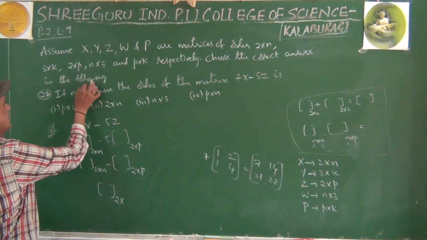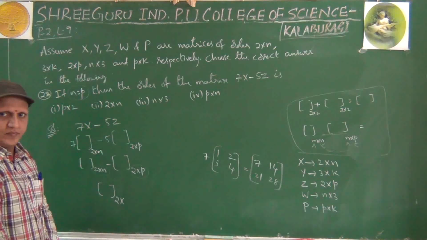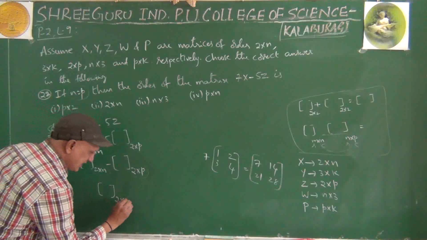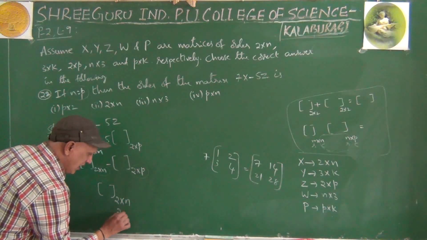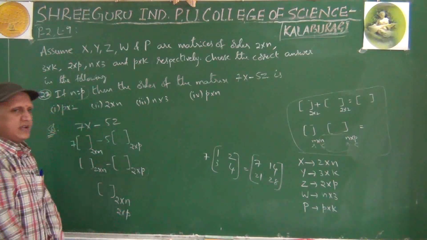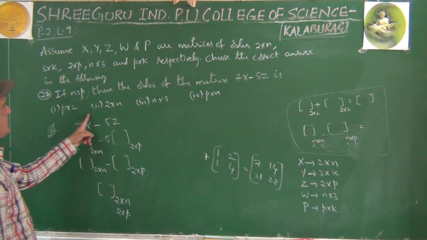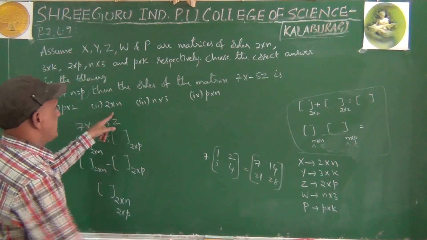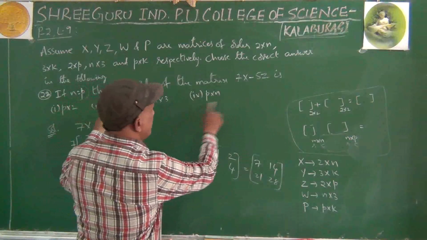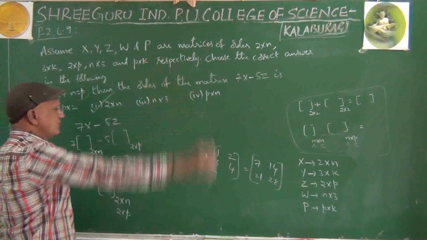In the question only they gave n equal to p. So here the answer may be 2 by n, or 2 by p. Both are correct.